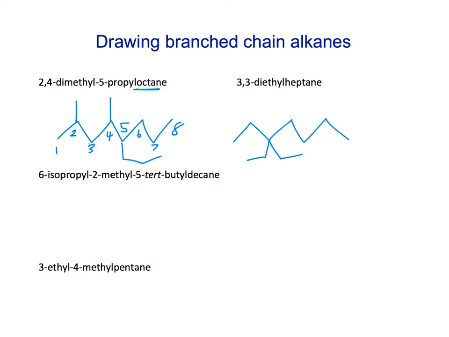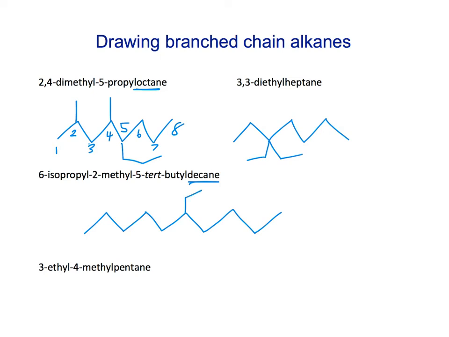All right, this name is getting pretty long. The name is decane, so that's 10. 3, 4, 5, 6, 7, 8, 9, 10. Counting from the left, 6-isopropyl. 1, 2, 3, 4, 5, 6.